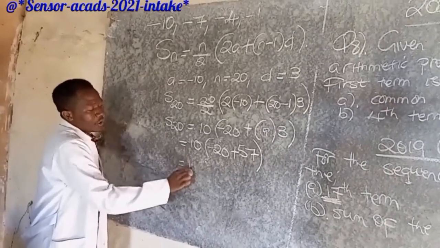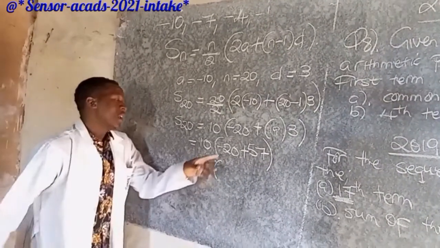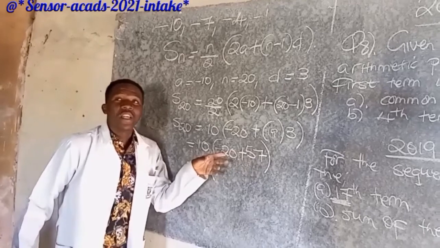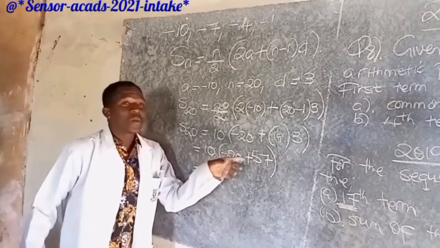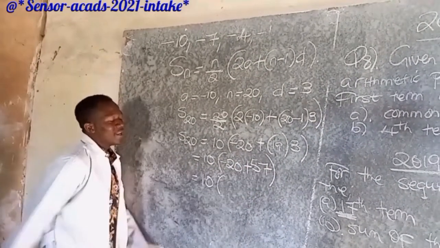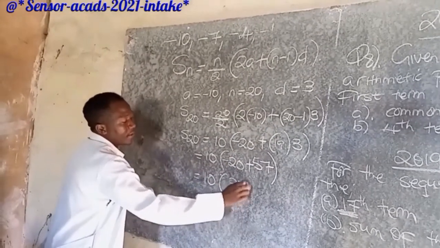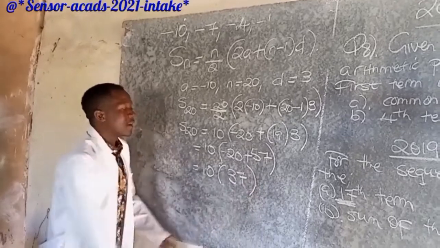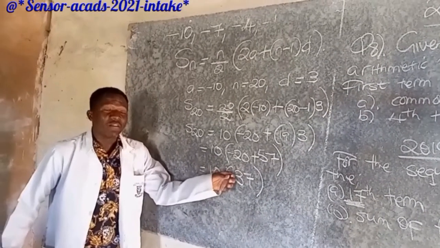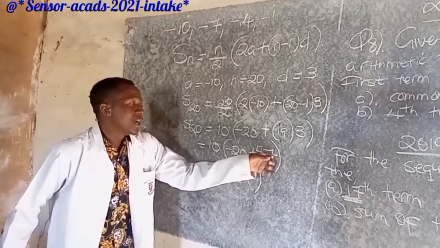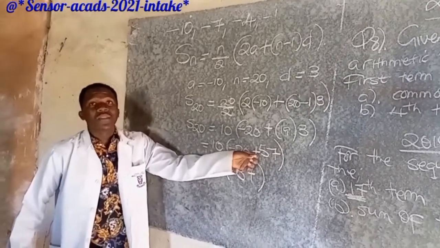Then this is going to be 10, open brackets. When two signs are consecutive, in as much as they are different, we need to subtract. So 57 minus 20 is going to give 37. But this 37 won't be negative because 57, which was the bigger number, already contained a positive sign.